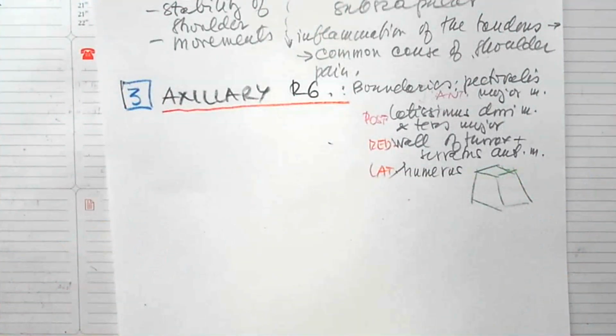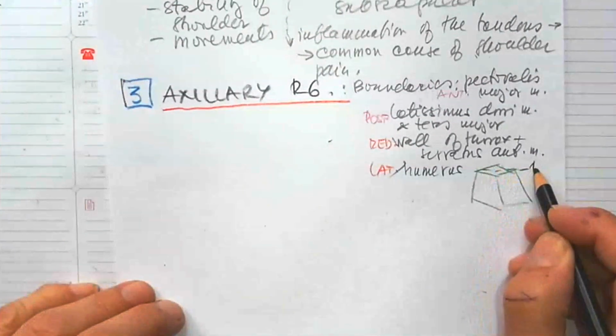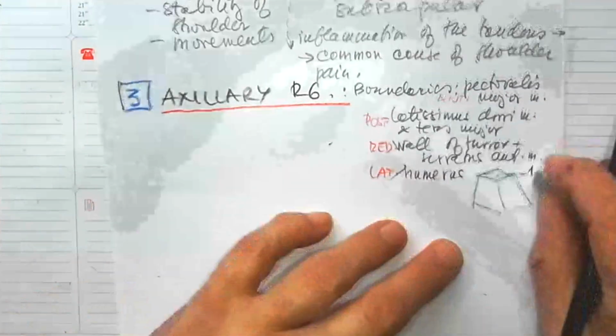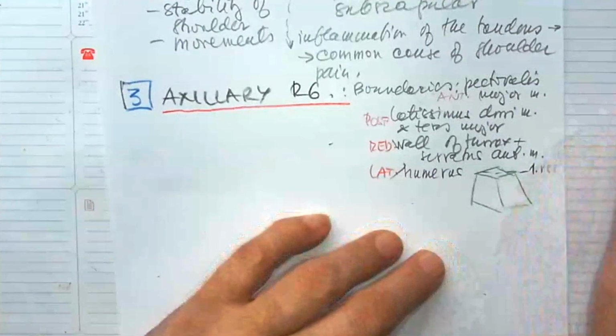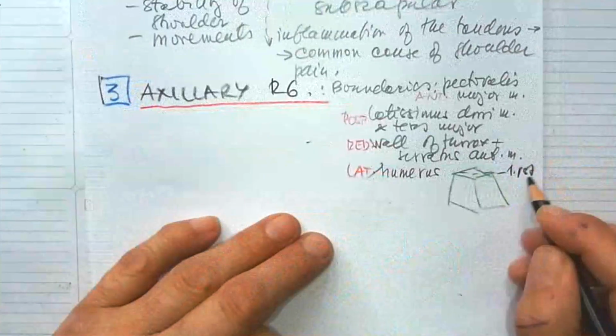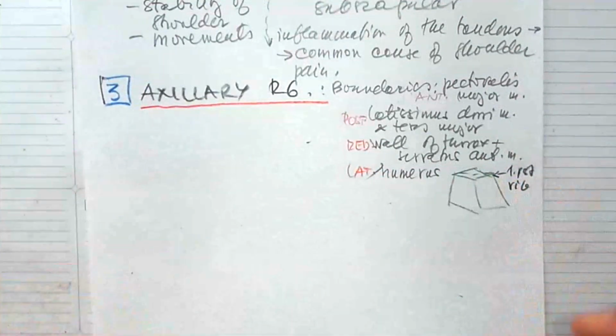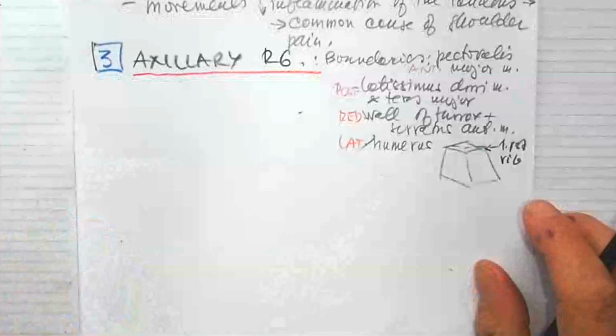The tip lies at the level of the first rib, and the tip is oriented towards the thorax.